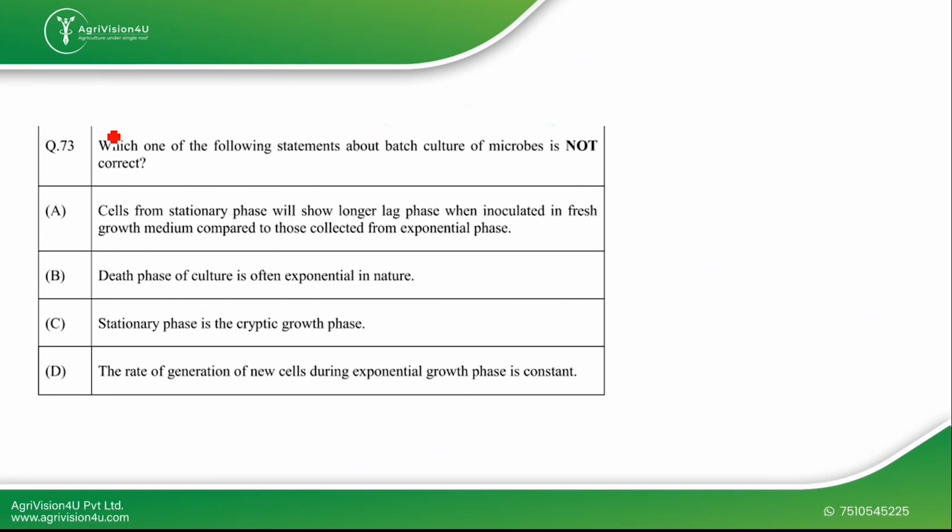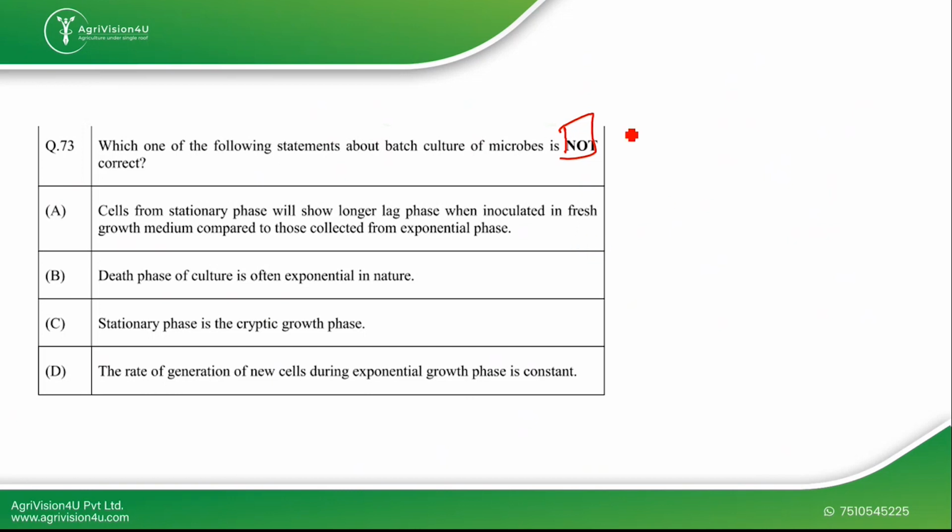Next question is, which one of the following statements about batch culture of microbes is not correct? Not correct. Okay. You have to choose the wrong one. The first is cells from the stationary phase will show longer lag phase when inoculated into the fresh growth medium compared to those collected from exponential phase.